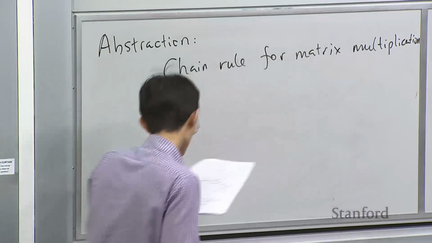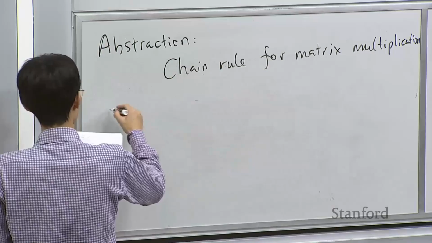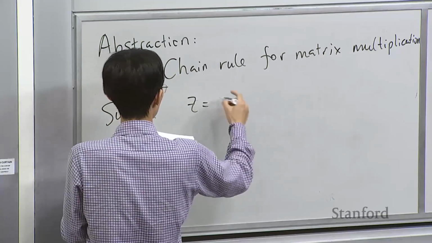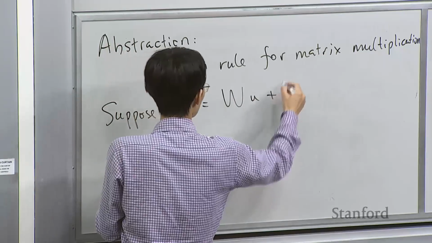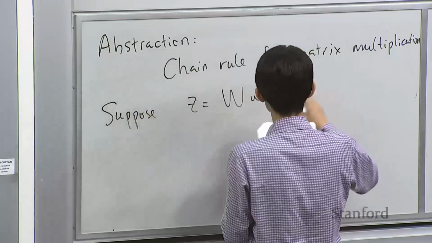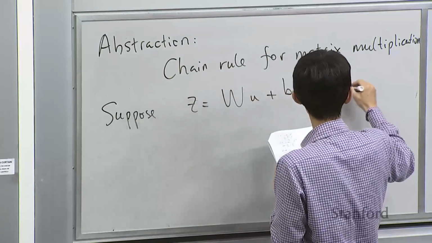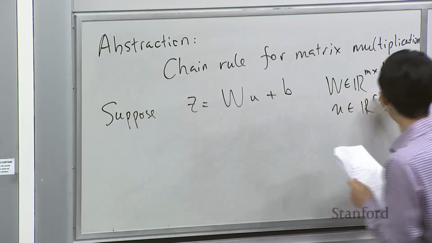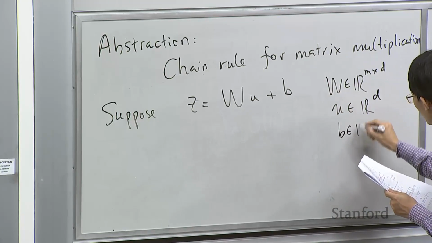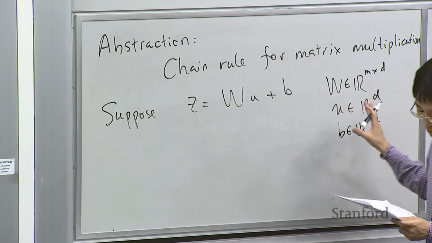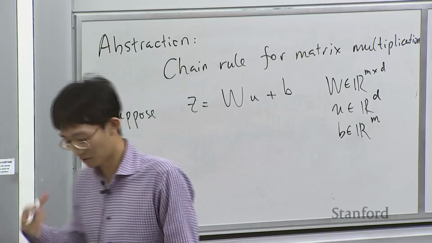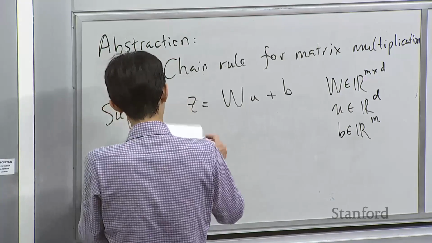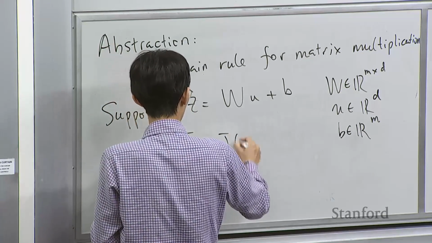Suppose Z equals W times U plus B, where W is a matrix of dimension M by D, U is a vector of dimension D, and B is a vector of dimension M. You don't necessarily have to care about the dimensions, as long as they match, then it's fine. And then I have some function applied on top of Z.